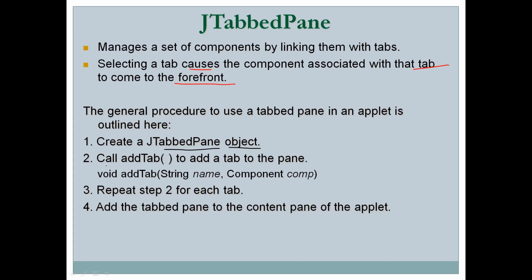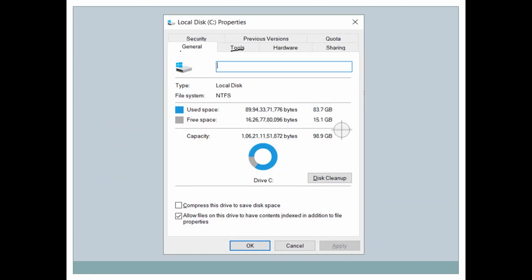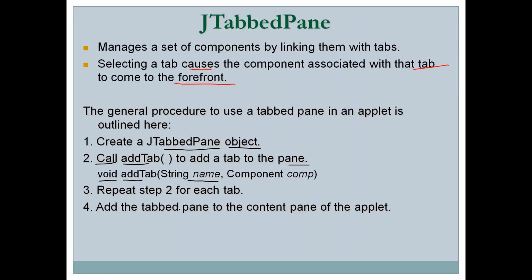Second, call addTab to add a tab to the pane. This method addTab has the syntax void addTab, name of the tab. You can see in the example a name on each tab: general, tools and hardware. Like that you can pass a name here.